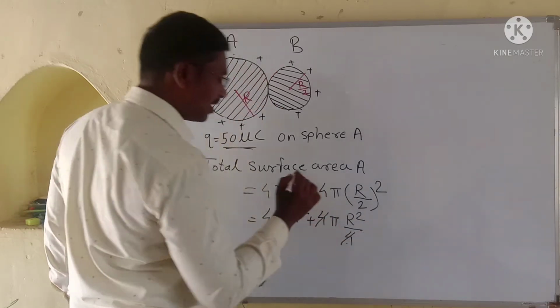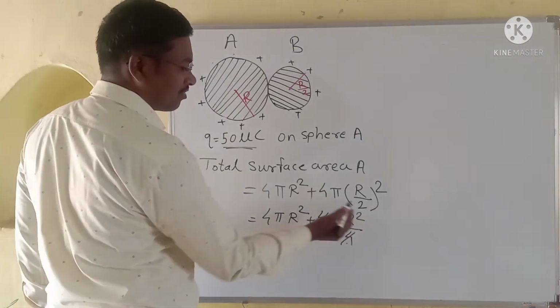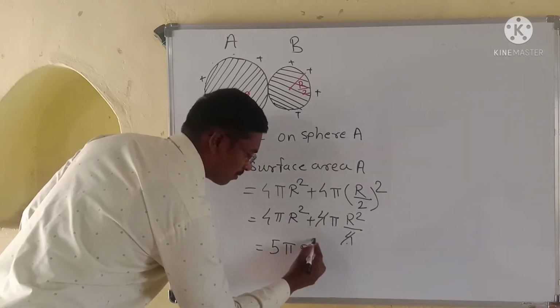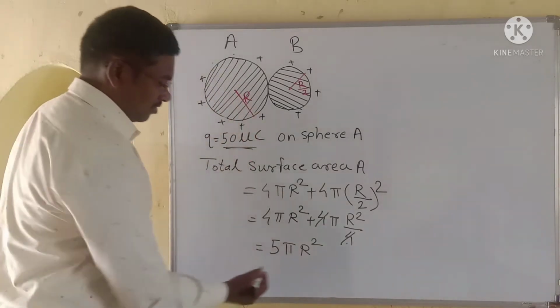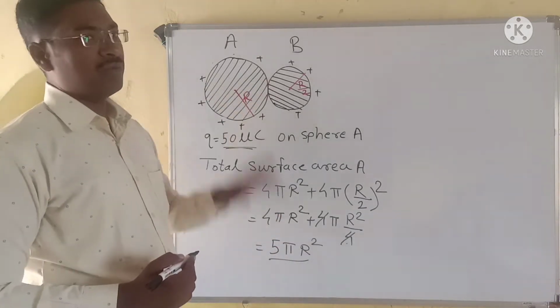This 4 gets cancelled. This 4 pi r square plus this pi r square becomes 5 pi r square. This is the surface area over which charge is distributed.